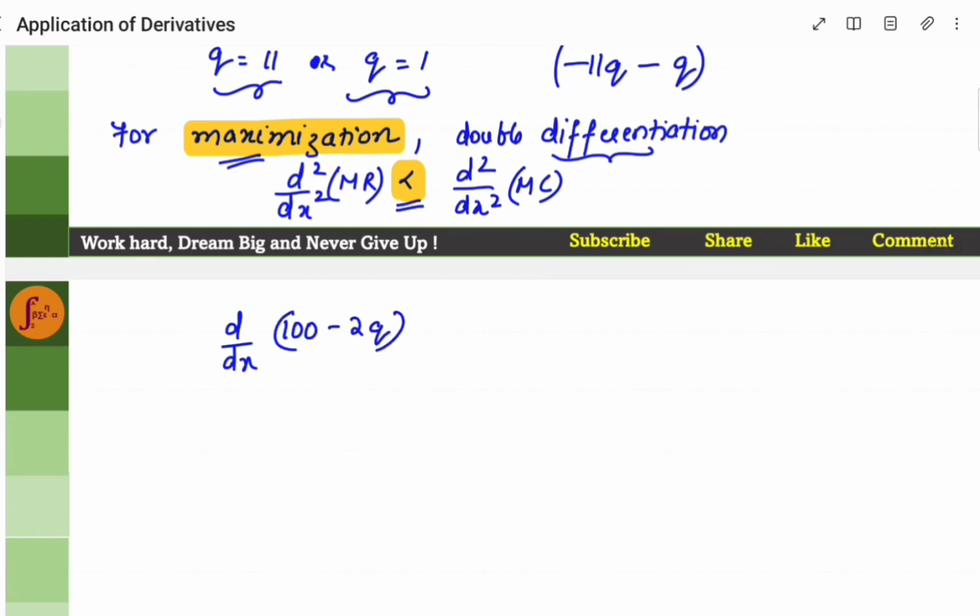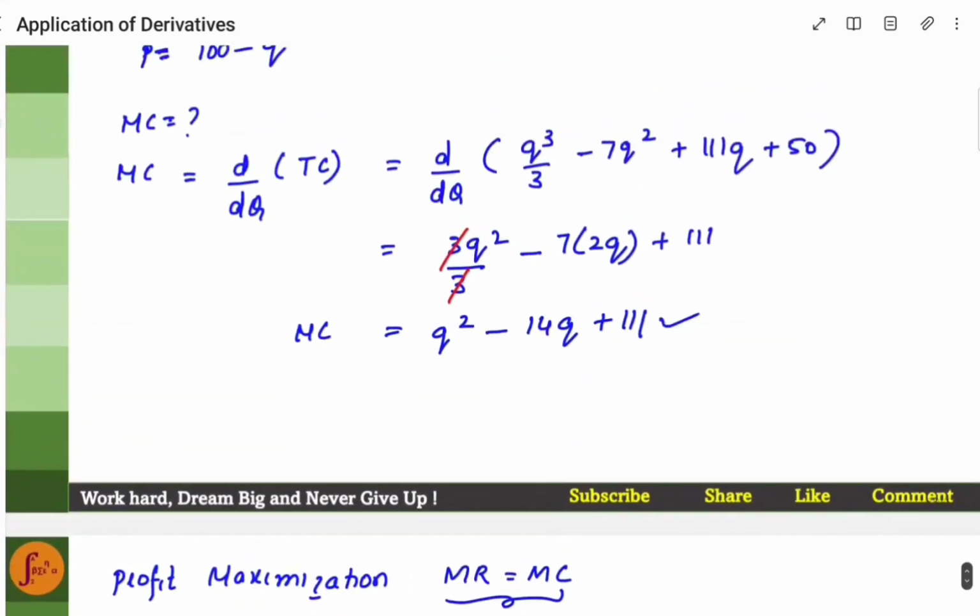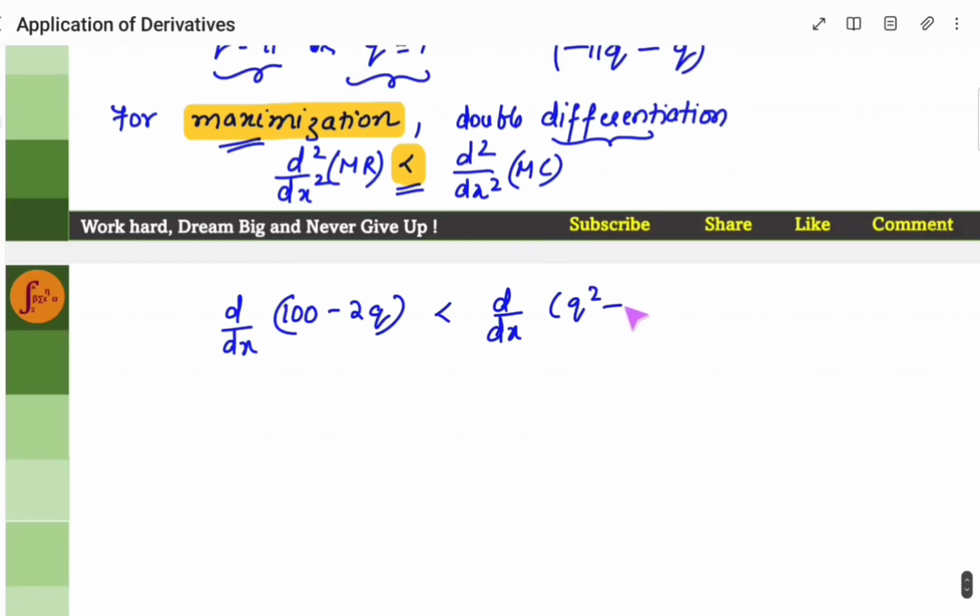We're trying to get the second order less than d by dx of the first order derivative of marginal cost, which is Q square minus 14Q plus 111. Now when I differentiate this, I'll get minus 2, and this should be less than 2Q minus 14.